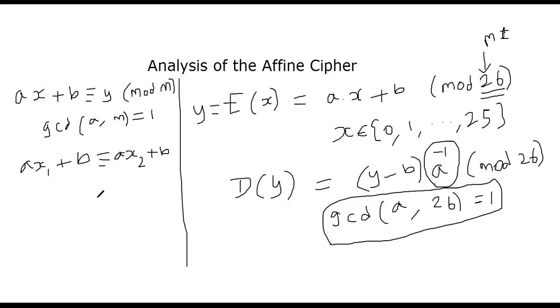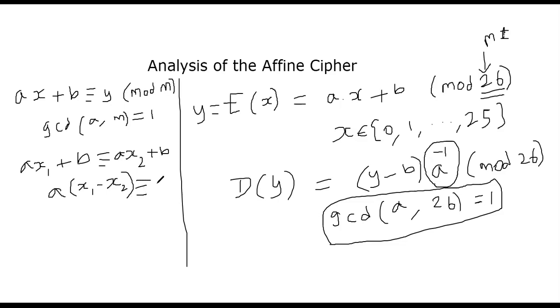So you can now subtract both sides by B. Therefore, we rearrange this a little bit, and you get A times (x1 minus x2) is congruent to 0 mod M.